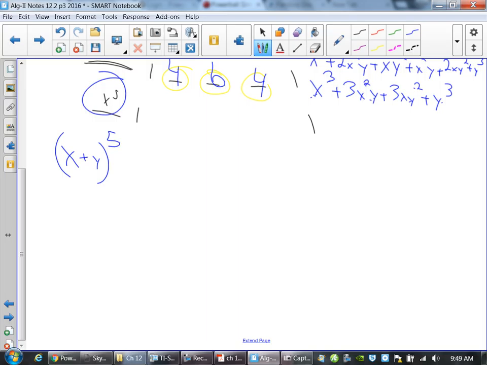Are there coefficients here? No. So all I have to do is write it out. I know I'm going to start with x to the 5th. I know I'm not going to have a y, but the next one's going to be x to the 4th and a y. X cubed, y squared. Notice I'm giving space between them too.